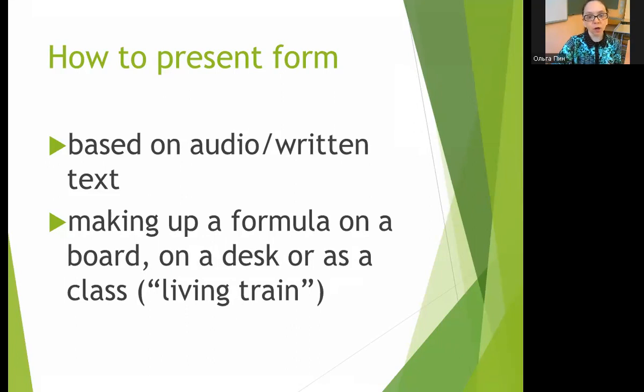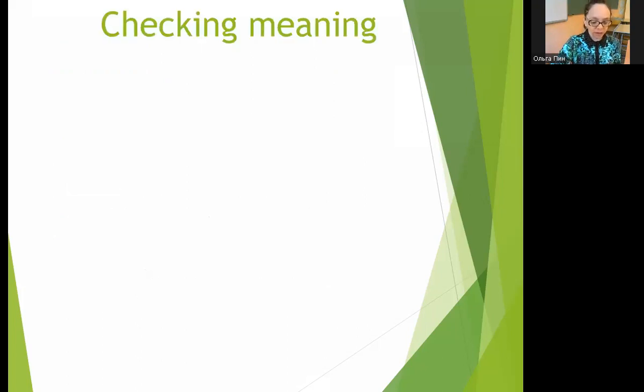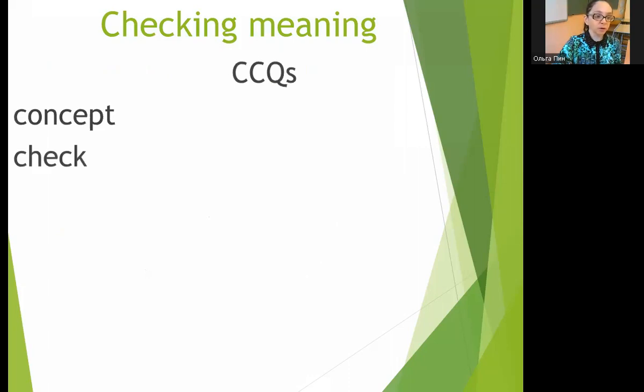And I'd like to note that I usually present meaning before form, so that when students study the form, they understand in which cases they might need this form. Next, we need to check meaning. And again, we use CCQs, concept check questions.